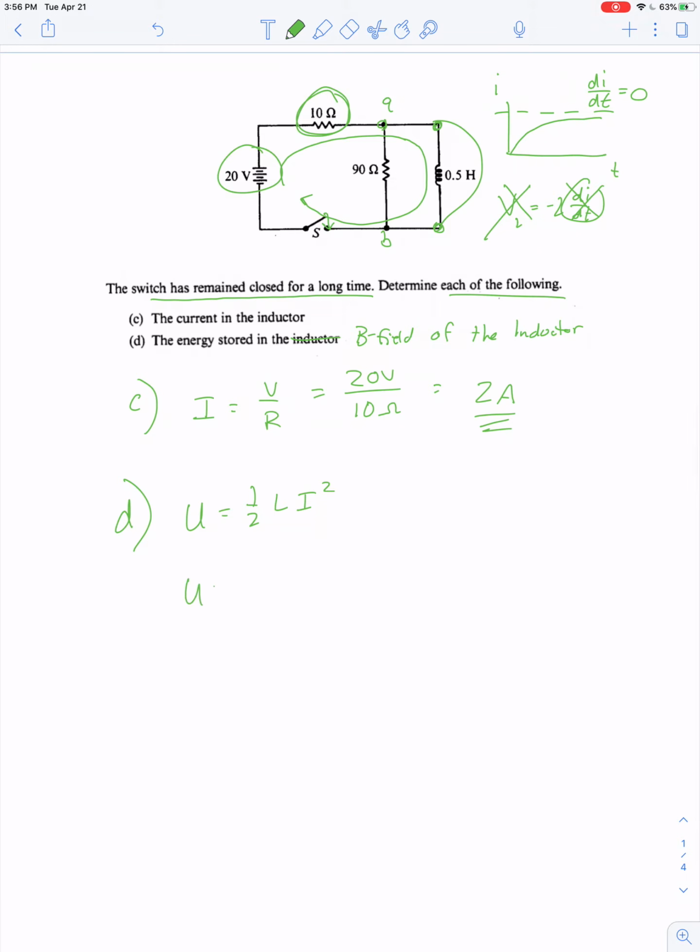So here we get 1/2 times 0.5 henries multiplied by 2 amps quantity squared. Let's see. 2 squared gives us 4. 1/2 of 0.5 gives us 1/4. We just get 1 joule.